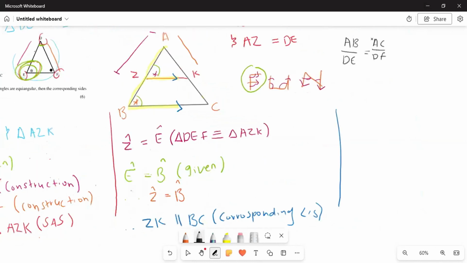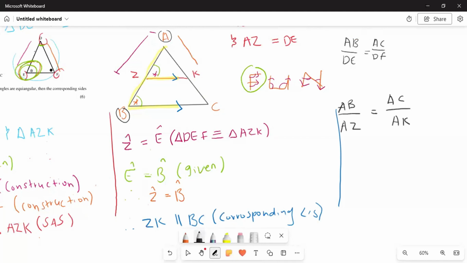So as you could see, AB is the long line, right? So here's my A to B. So I'm simply going to write, so I'm allowed to use ratios in this case. Because why? Line ZK is parallel to line BC. Now I'm going to say AB over AZ, because AZ is exactly the same as my DE, is equal to AC over AK, right?